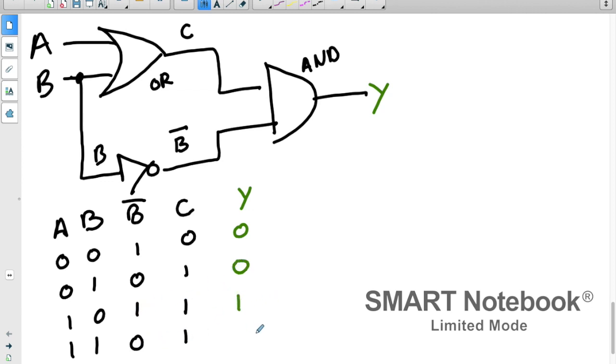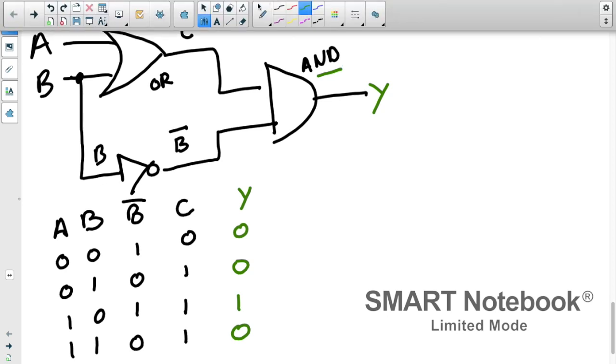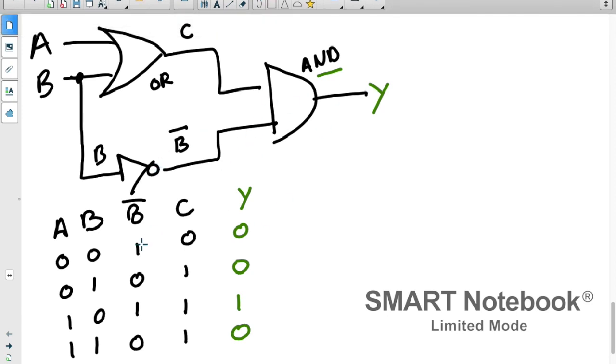And then 0, 1 is a no. That's how we get our answers. Because it's an AND gate. AND gate means you need all 1s to work. Both of them have to be 1s. So the AND gate means that it has to have double 1s or all 1s. Because we're looking at just B, not in C, we're looking for double 1s.